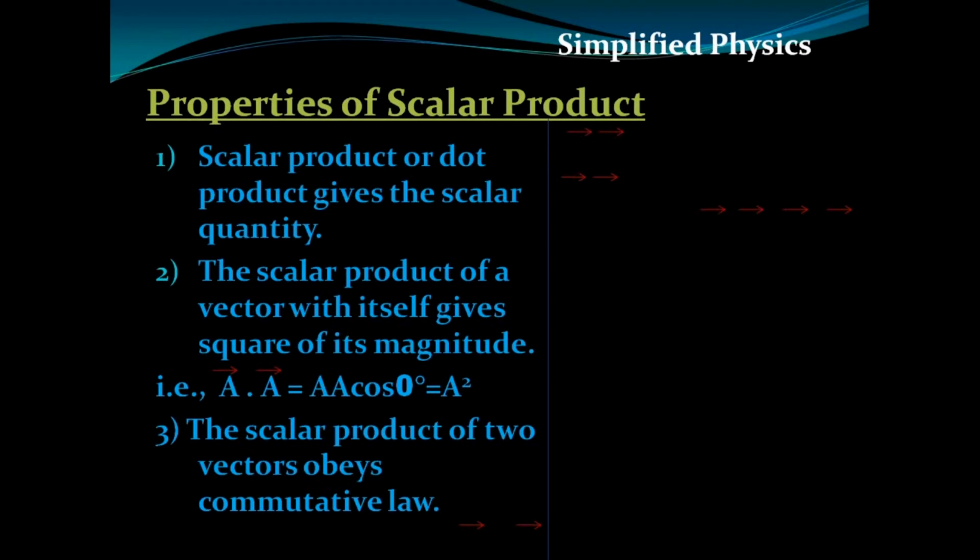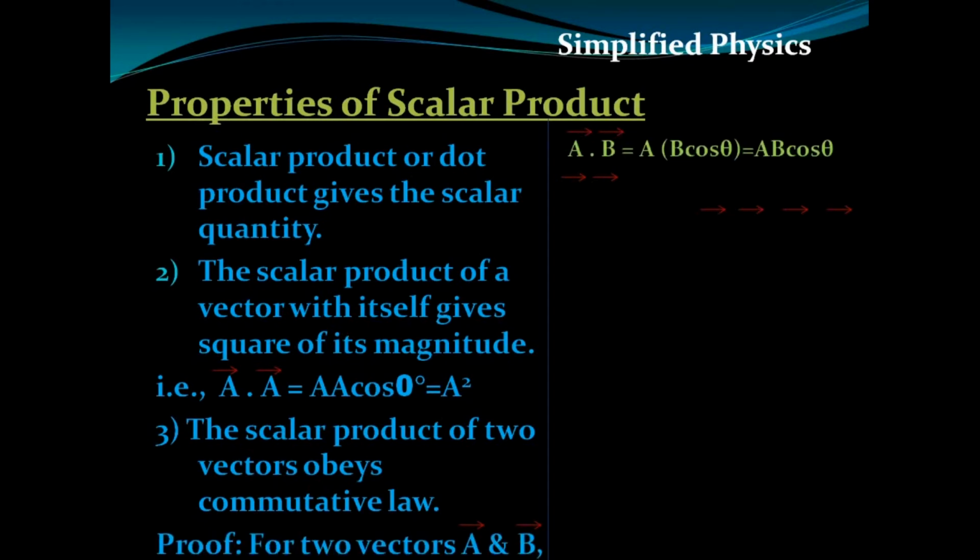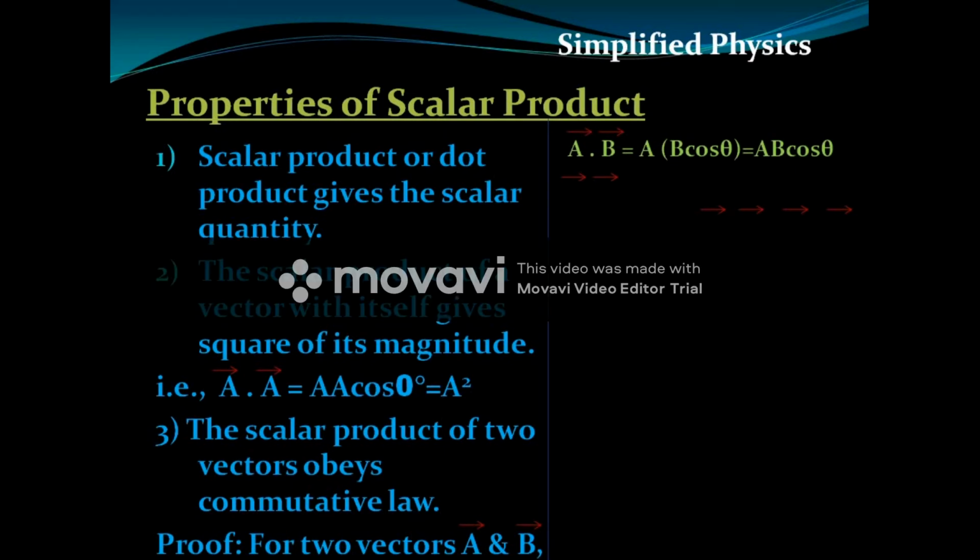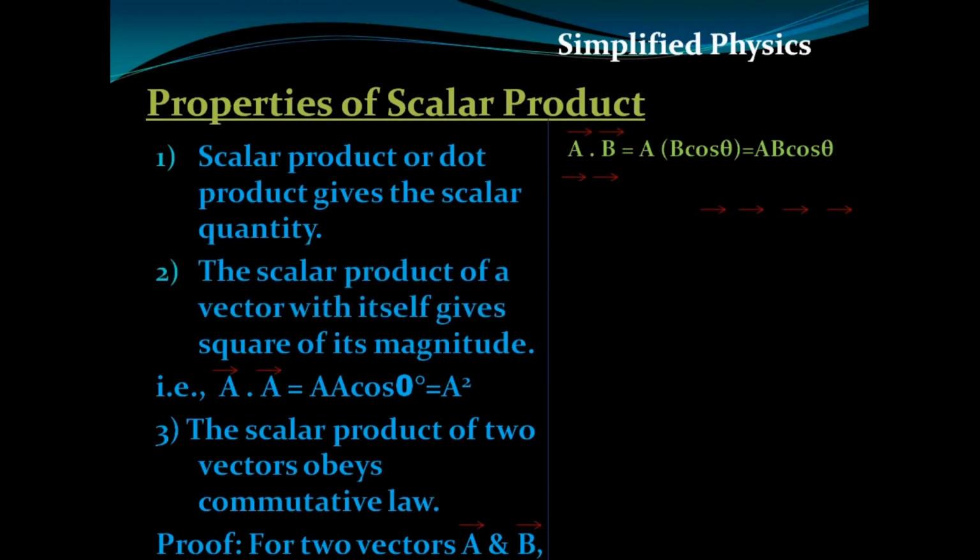Scalar product simply obeys the commutative law. That means a vector dot b vector equals b vector dot a vector for any two given vectors a and b. For given vectors a and b, a dot b equals ab cos theta by definition.